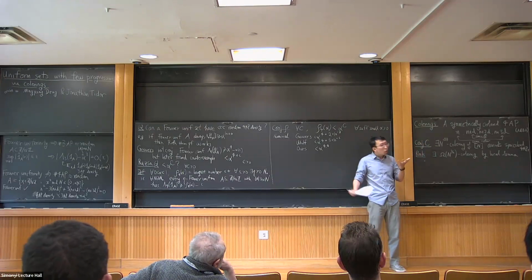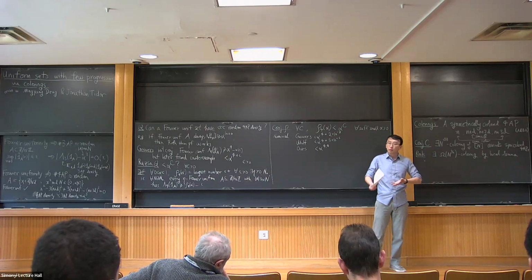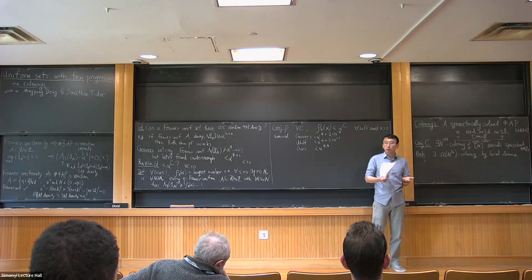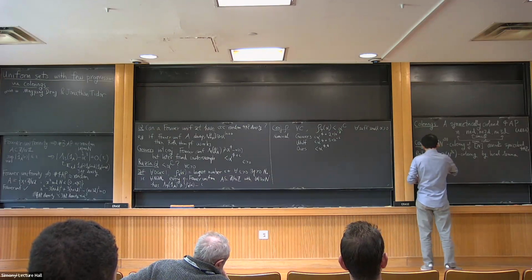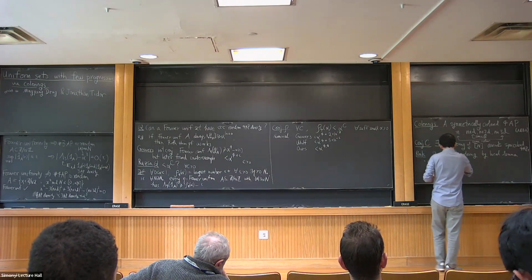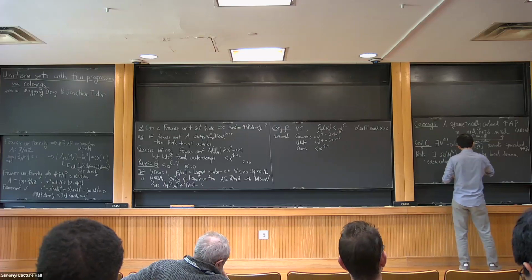And really the only ways that I know of constructing large 4AP-free sets is by the Behrend construction or some variant of the Behrend construction. And those constructions are really bad at avoiding these patterns. So each color class is 4AP-free.